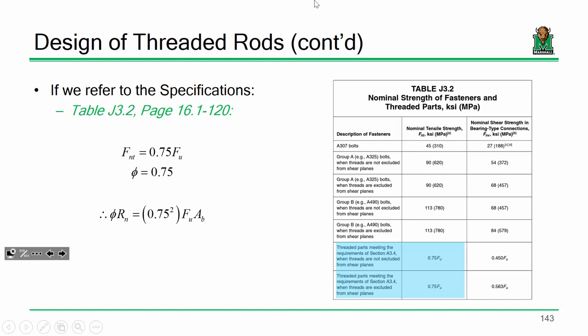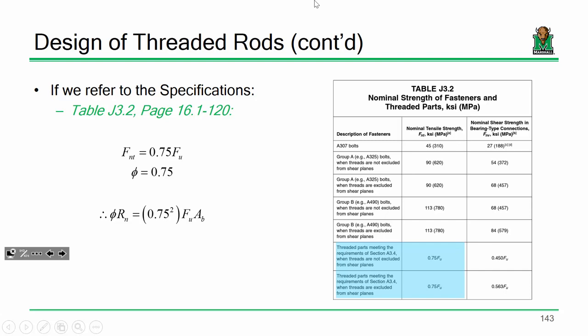So you'll notice, and I know we're jumping across a little bit of different topics, look at the two rows for Group A. What's the difference between them? The difference is whether or not the threads are in the shear plane. In other words, if I'm shearing a bolt, am I shearing it through the threads or through the main shank of the bolt?